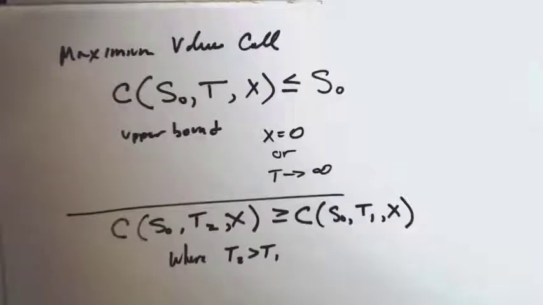So there's a time value. I'm going to show you that in much more detail in a little bit. But time value in part depends on the moneyness of the option. Time value depends a bit on, is the option deep in the money or deep out of the money or at the money?